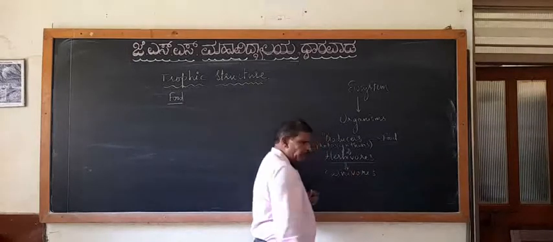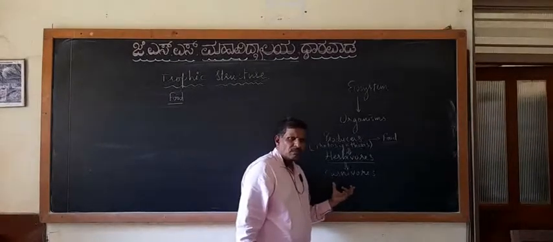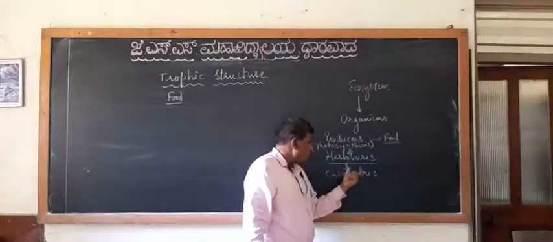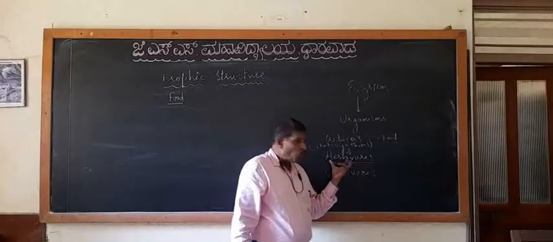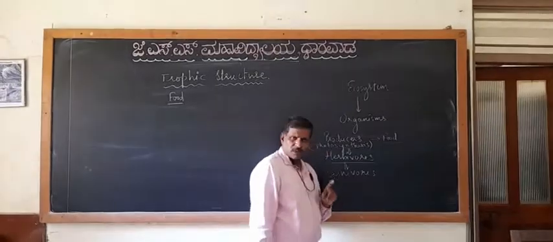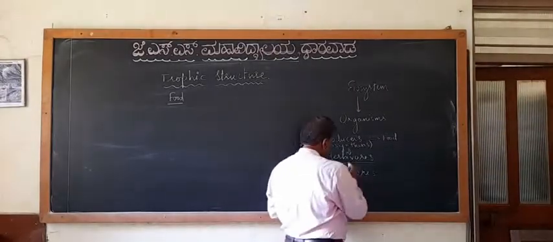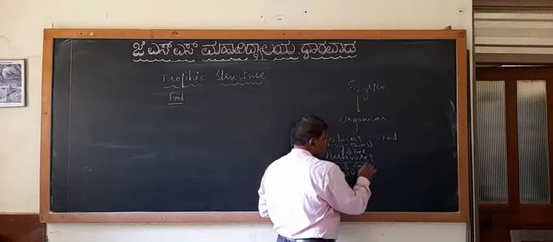Carnivores are another kind of animals. They are not getting the food like herbivores. What these carnivores do is feed upon the herbivores. By feeding upon the herbivores, they get their food.